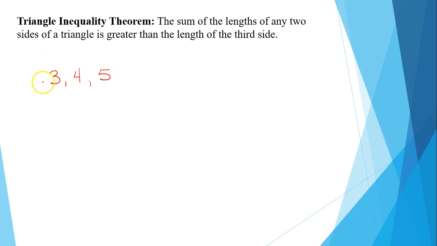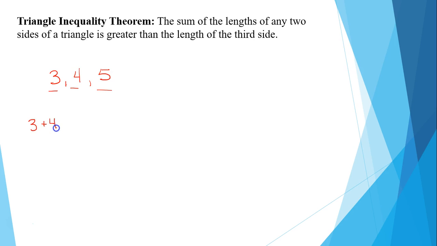Is it possible for these three segments to create a triangle? And how you would use this triangle inequality theorem is add two sides together and see if it's greater than the third side. So let's do that.